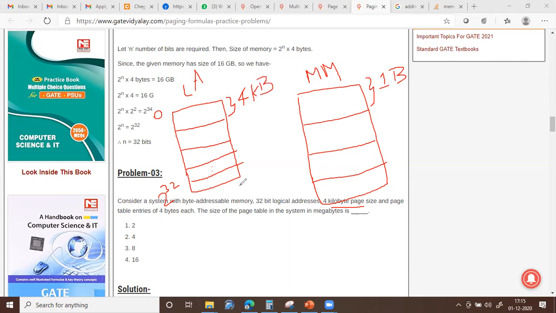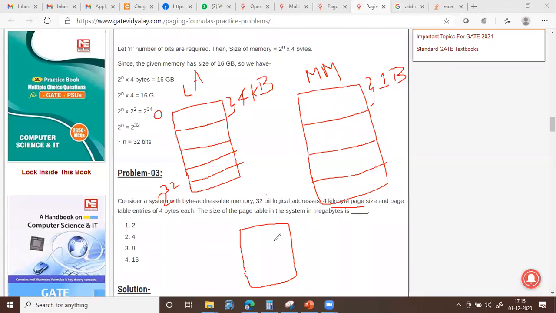And page table entries of 4 bytes each. So we have a page table. This is actual main memory, this is logical memory, this is the page table. The page table is the one which maps the page number to the frame number, to the appropriate frame in main memory.